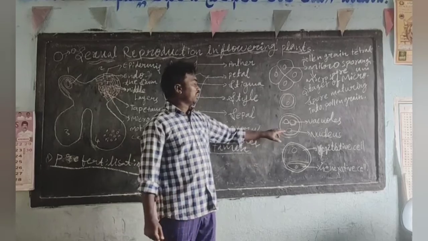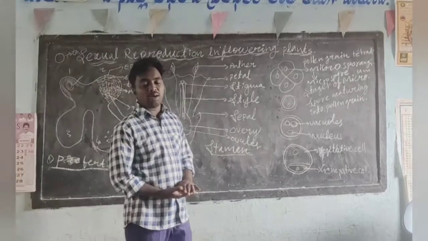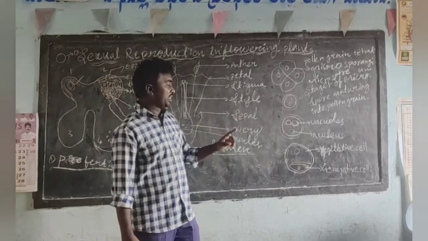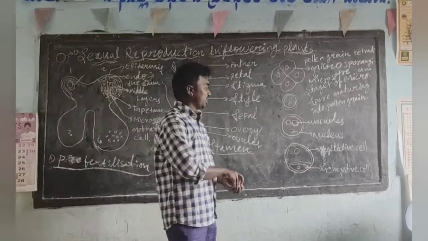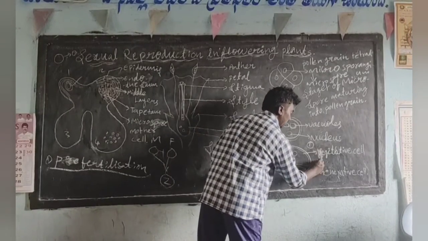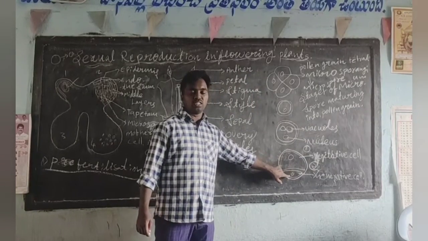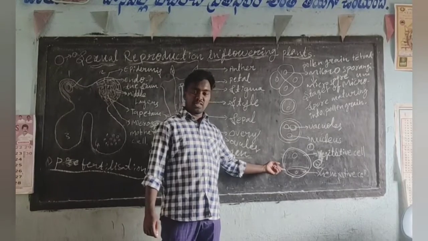At the same time, the inner part of the microspore will be divided into two parts, that is the vegetative cell and the generative cell. So the first part is the vegetative cell and the second part is the generative cell. These two parts are present within the pollen grain only.